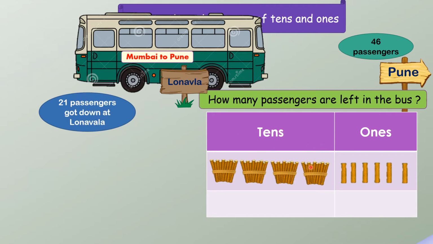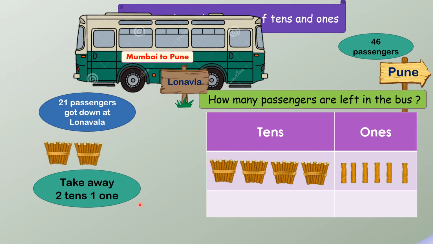We need to take away 2 tens and 1 one. 21 means 2 tens and 1 one, which can also be represented as 2 groups of 10 and 1 extra 1. We need to take away this much from this 46. So we have taken away 1 one here, and 2 groups of tens we have to take away.